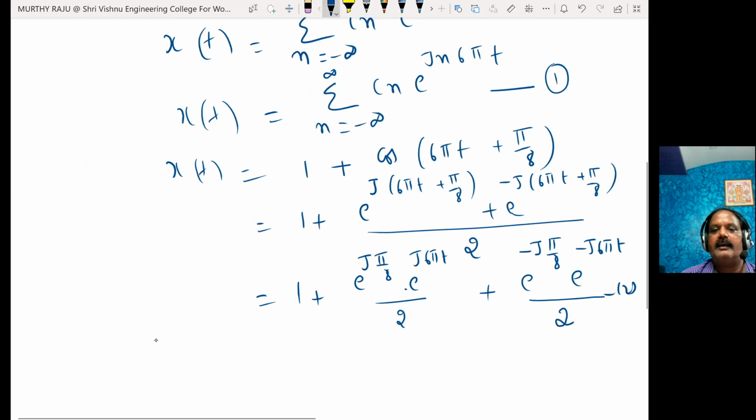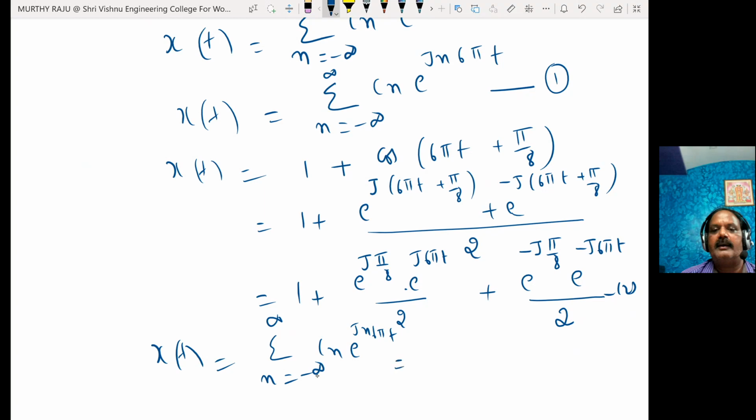Consider this expression: x of t is equal to sigma n is equal to minus infinity to plus infinity Cn e power j n 6 pi t. The values of n are from minus infinity to plus infinity, but for the given signal the values of n are n is equal to 0, n is equal to 1, and n is equal to minus 1.